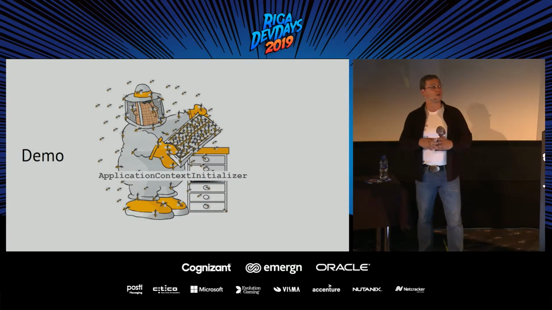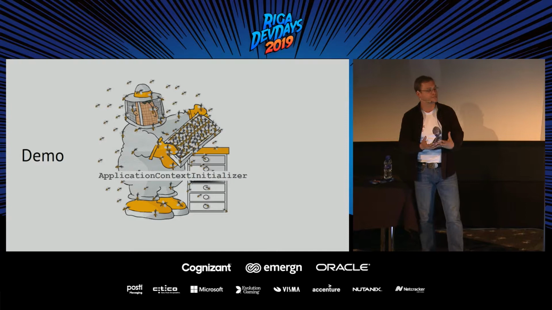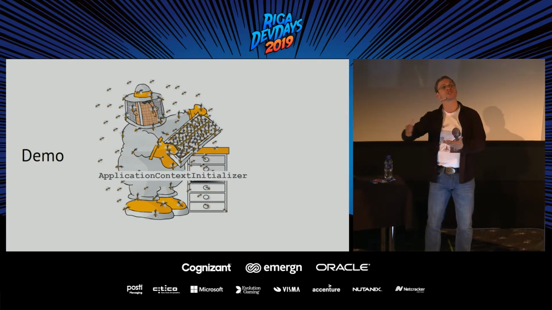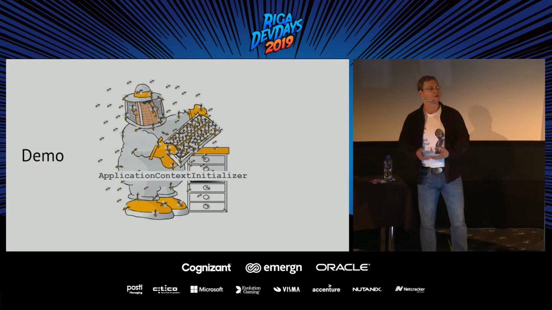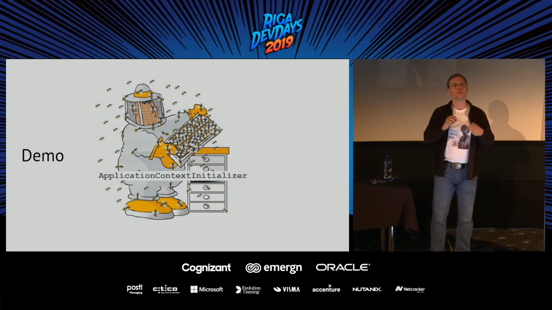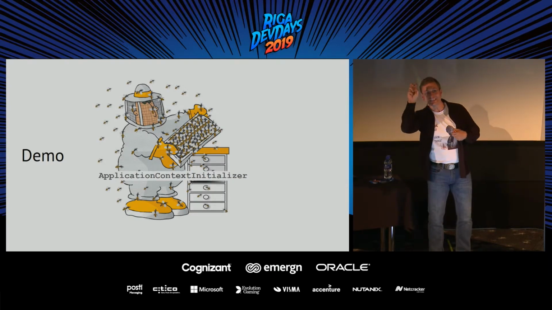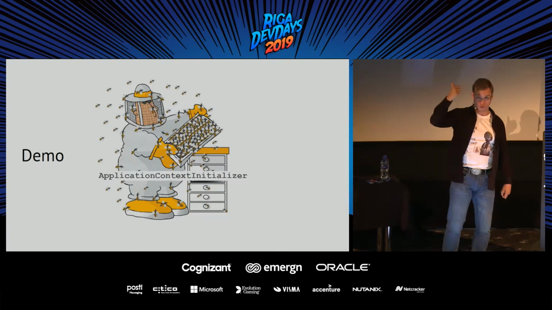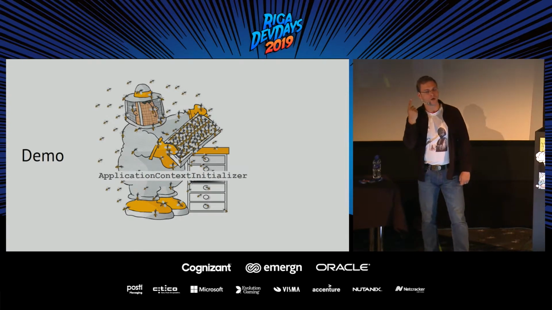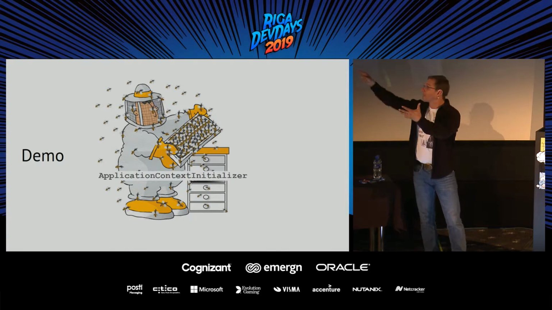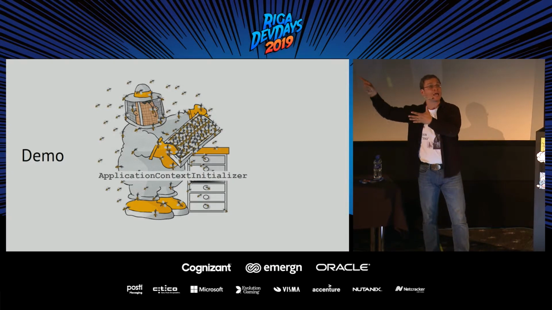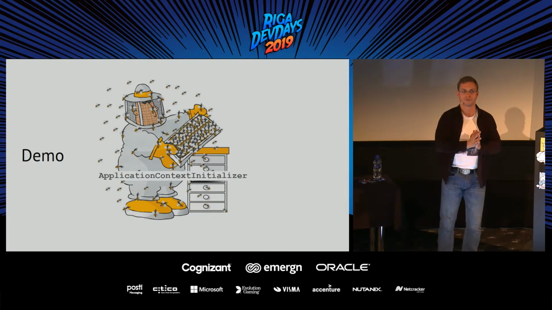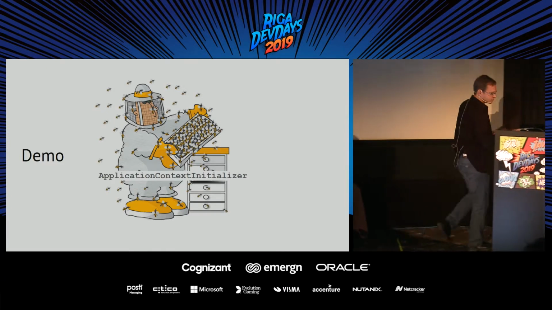Any application context initializer will work in the beginning, at the moment when the context already exists, but there is nothing inside the context. Even bean post-processor is not created. The only thing which exists inside the context when the application context initializer is working is the environment object. What is the environment object?